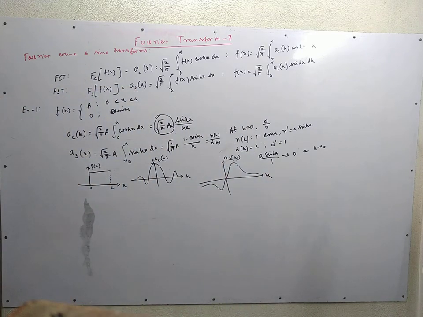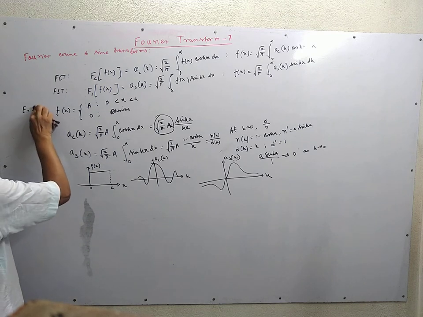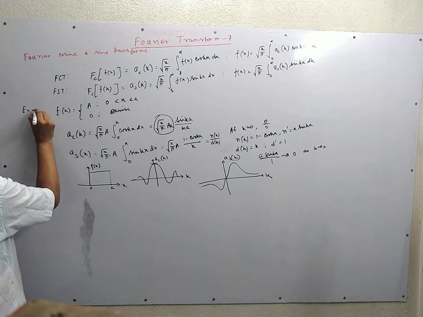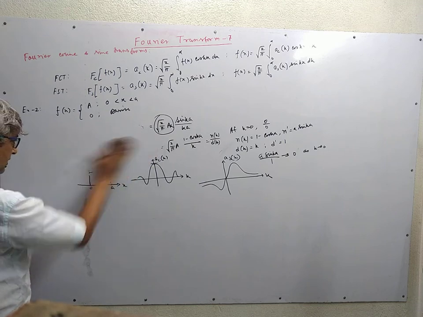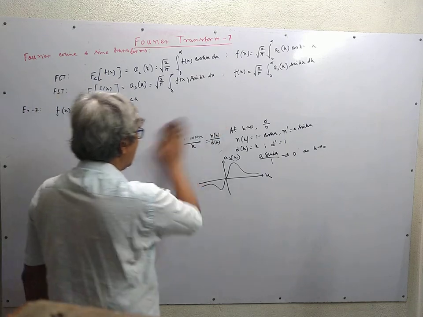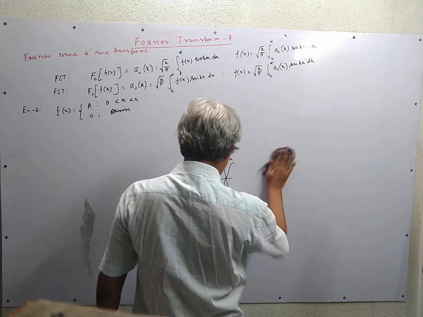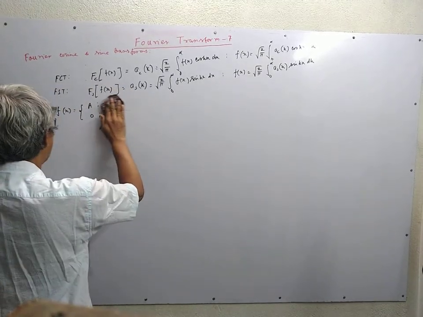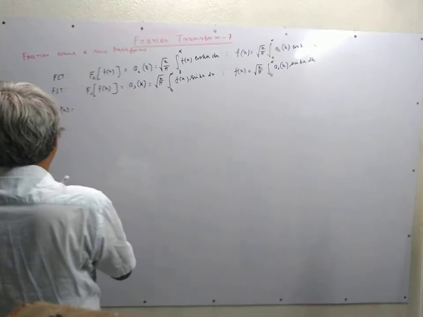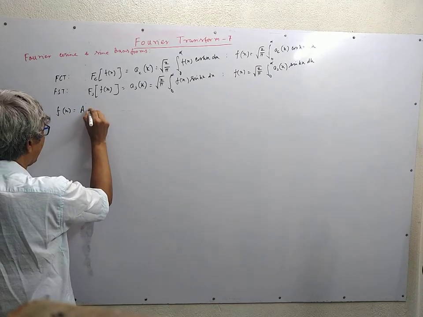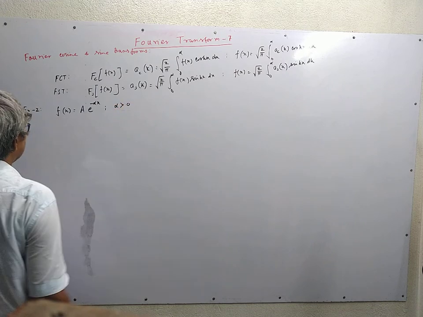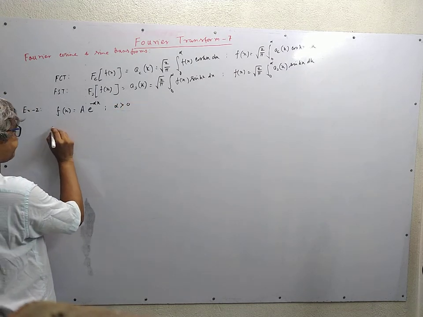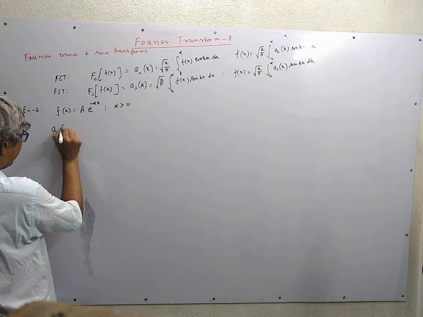Now as the second example, we consider exponential function. f of x is equal to a e to the power minus alpha x, where alpha is a positive quantity. So we first calculate the cosine transform.